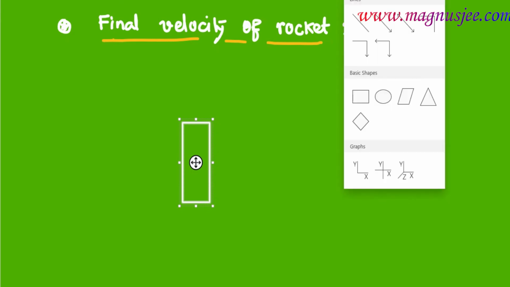This is the diagram of a rocket. We can draw two stages of a rocket. Initially, the rocket is moving, and then the rocket at instant t plus dt.